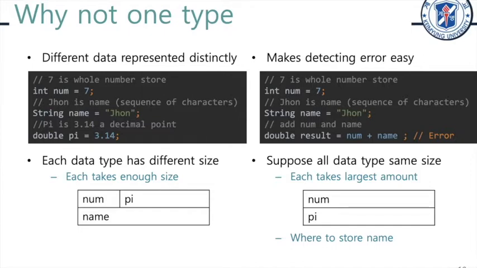So by using different data types, we can use memory efficiently. That is the reason why we have different variable types. It's easier to detect errors, and it is more efficient to use the memory.